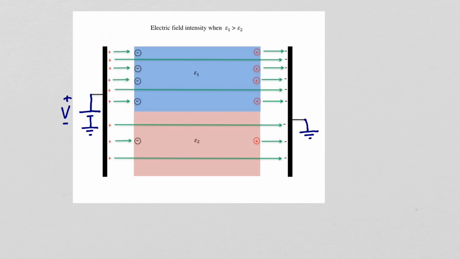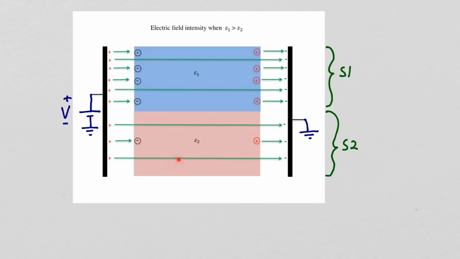In reality, there's no gap here. For simplicity, I've drawn the figures such that the cross-sectional areas of the two dielectrics are the same. To indicate the same electric field intensities in the two materials, I do that with the same number of electric field lines in the two materials.